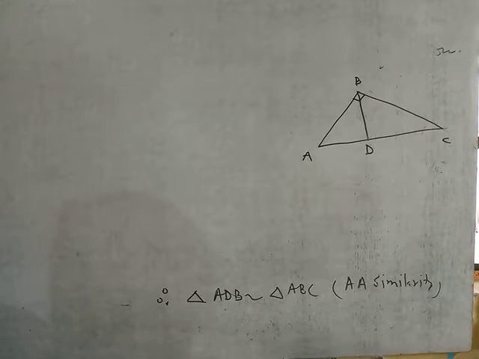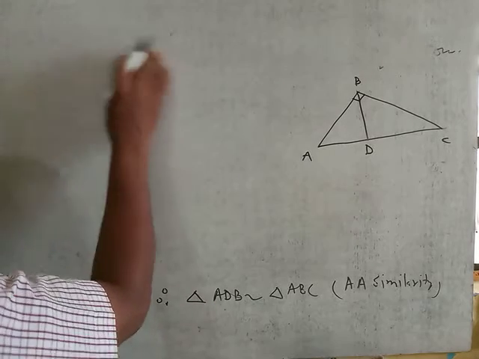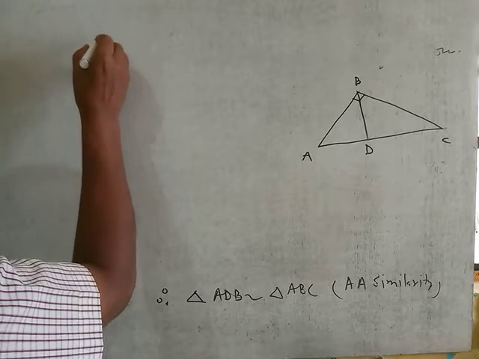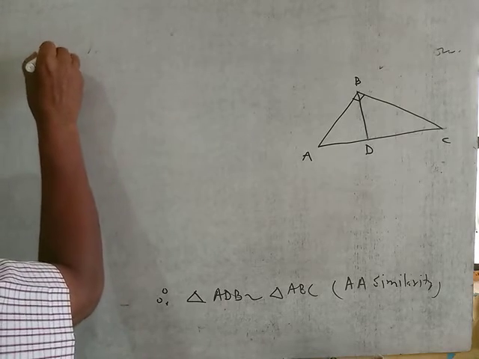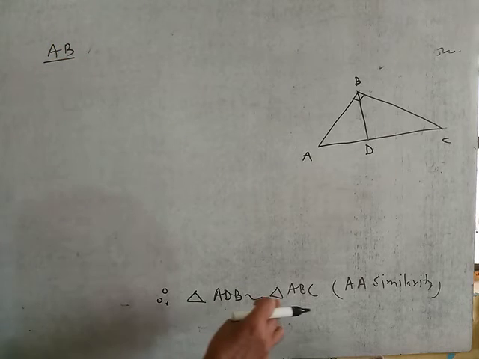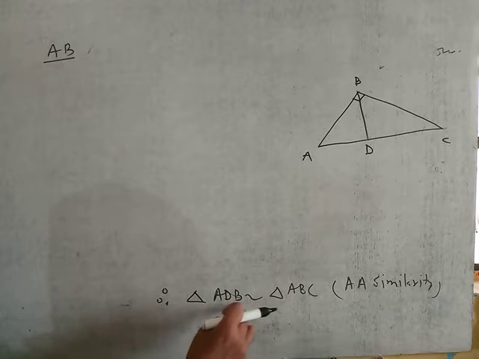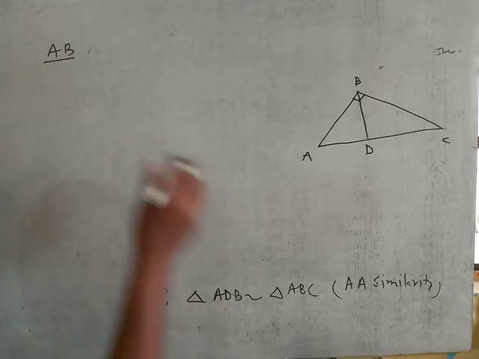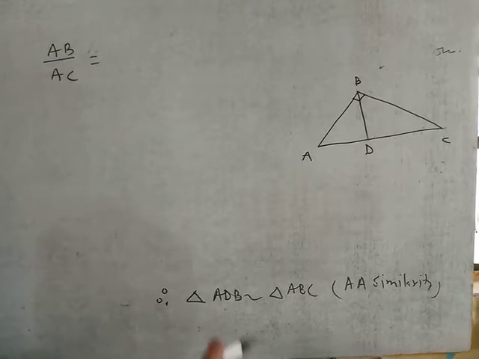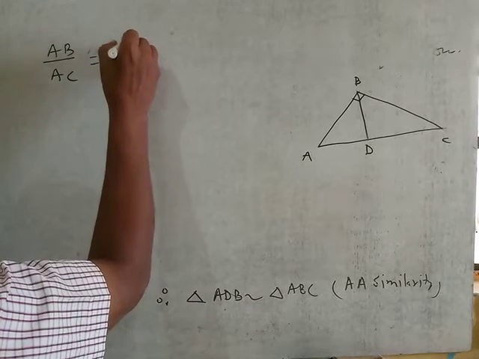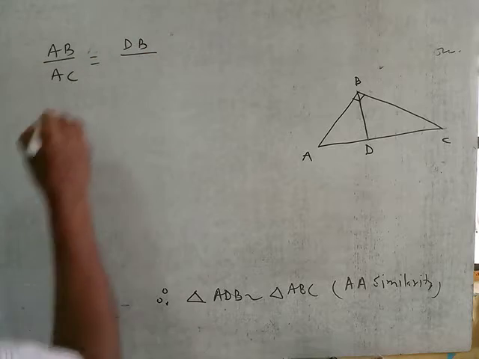Now take the ratio. So AB by AC is equal to DB by AB.